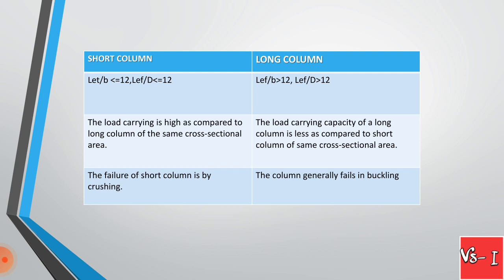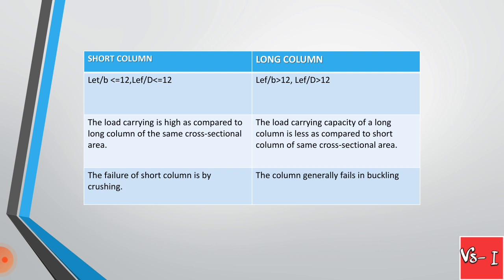Here we are looking at the difference between the short column and the long column. L effective divided by B less than or equal to 12, or L effective by D less than or equal to 12, is considered a short column, and a long column is when L effective by B is greater than 12 or L effective by D is greater than 12.